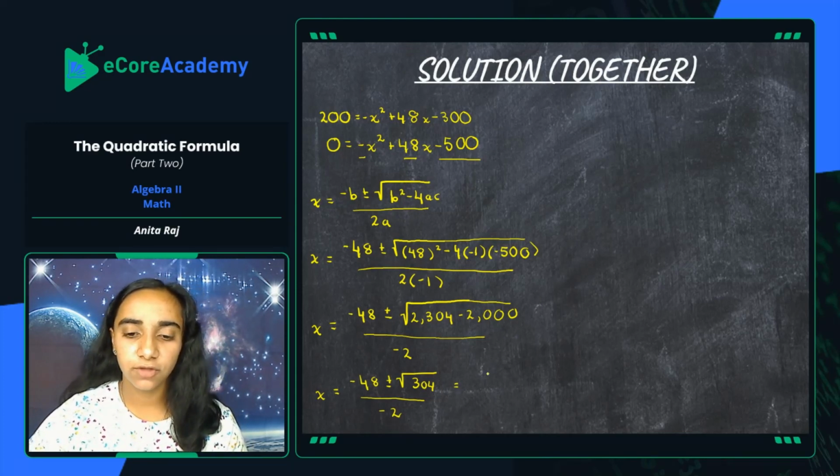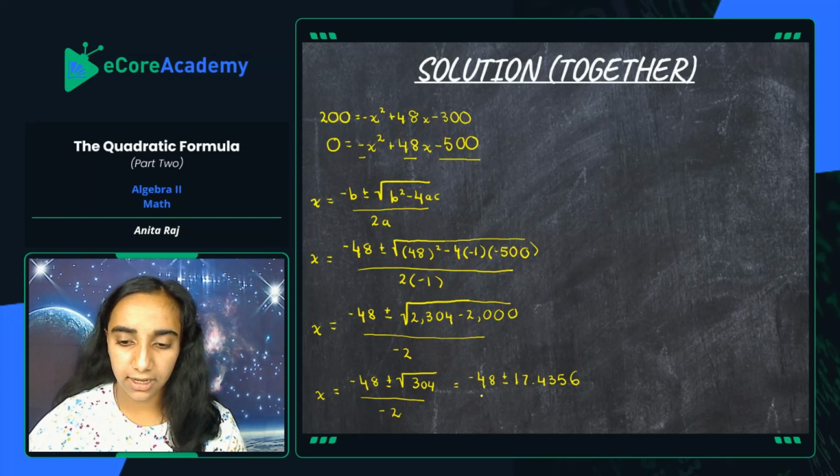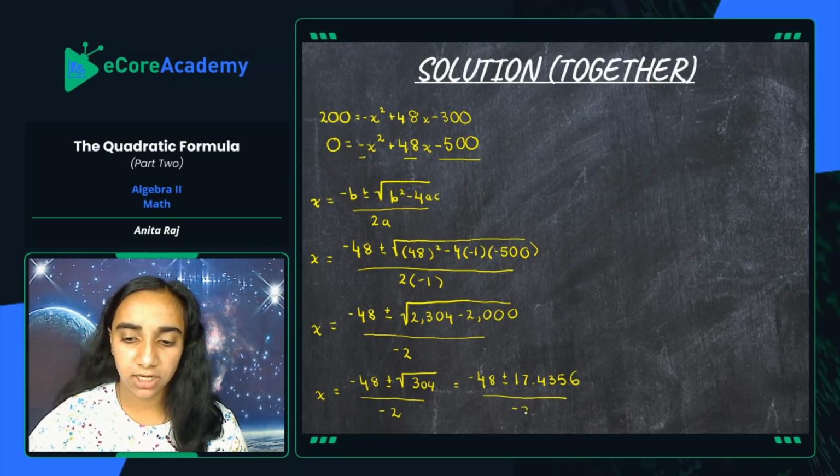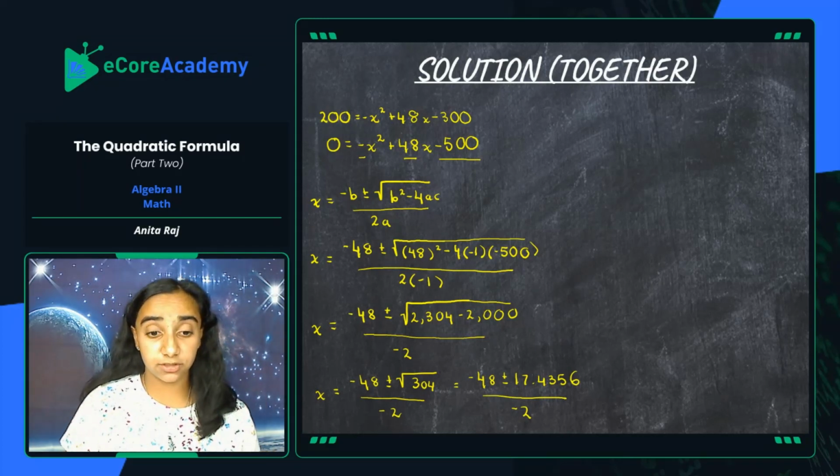I just rounded it off to 4 decimal places. So negative 48 plus or minus 17.4356 over negative 2. So this is where we simplified everything in the radical sign. So we got this far.